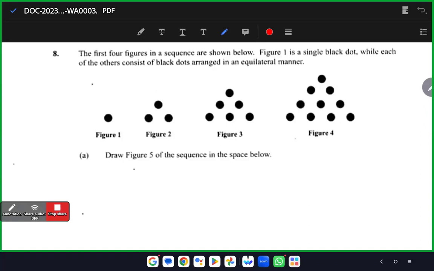When you go to figure 3, you still have figure 2, but you add 3 dots to it. And when we go to figure 4, we add 4 dots. So for figure 5, we just add 5 dots to what it is. So 1, 2, 3, 4, 5. And so our figure 5 would look like this. All right, and that's 2 marks.